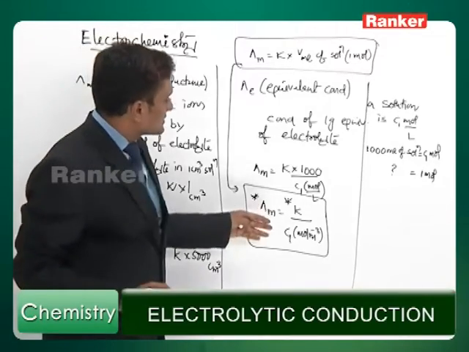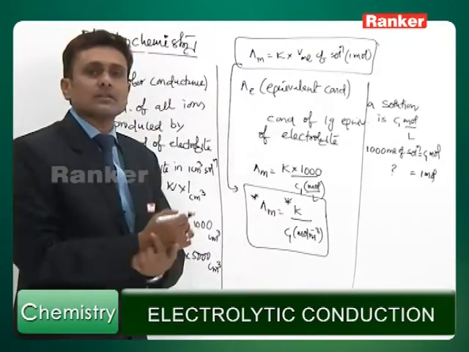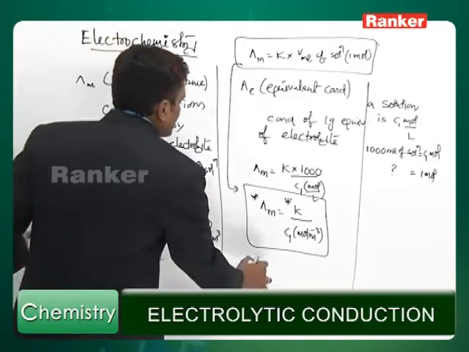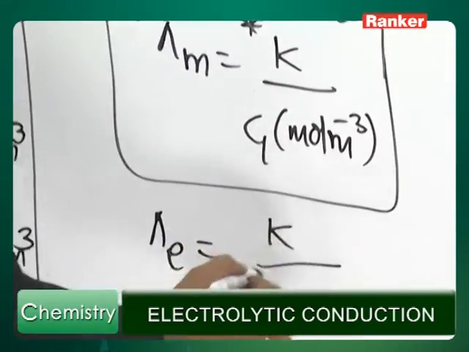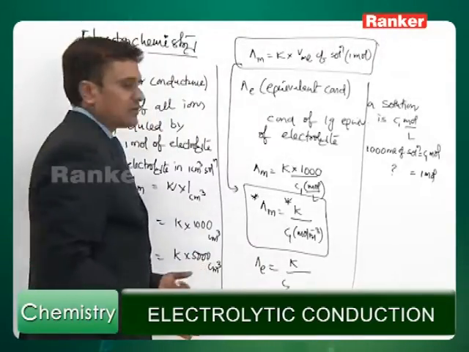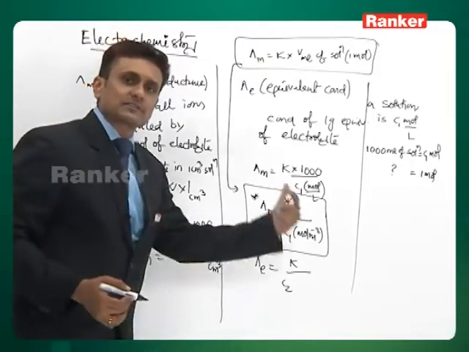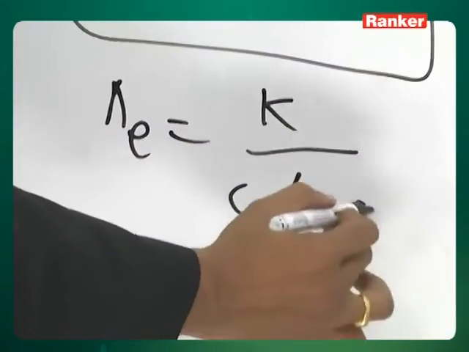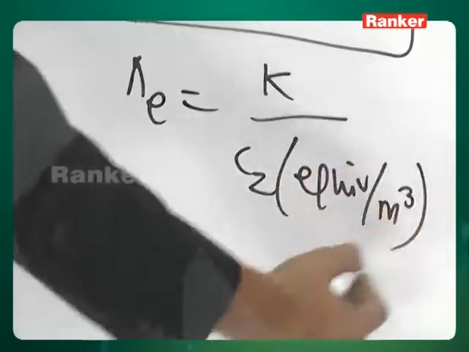Now when I talk about the relationship between lambda E and lambda m, I can use the same approach. For lambda E, the concentration of the solution when expressed in normality or equivalent per liter is C2 equivalent per meter cube.